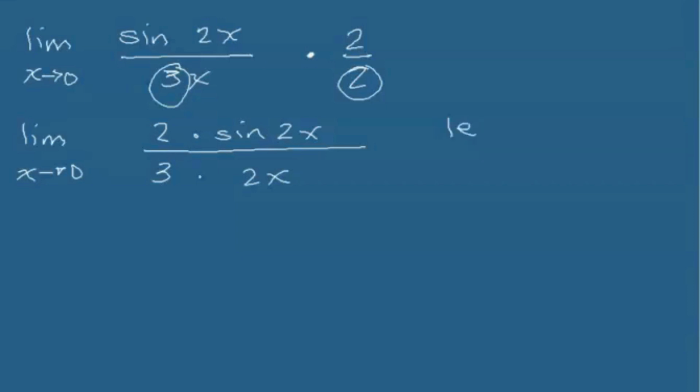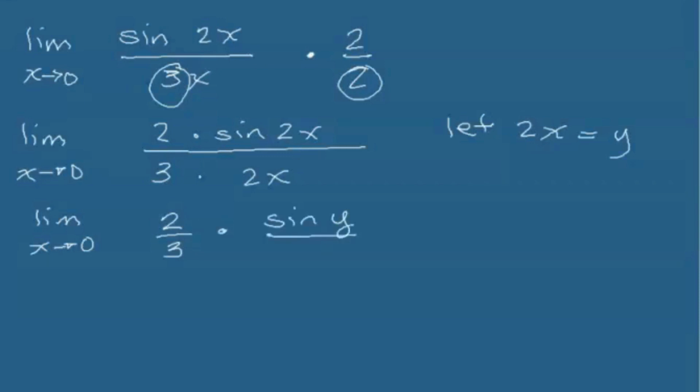So again, let 2x equal a single variable y. So we have the limit of 2/3 times sine y over y.